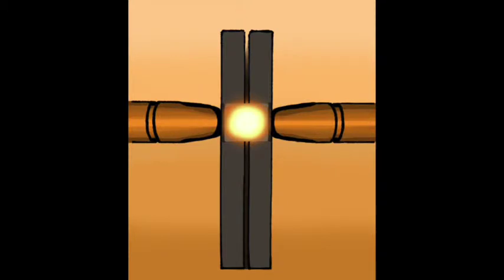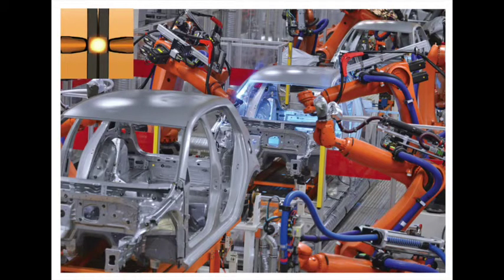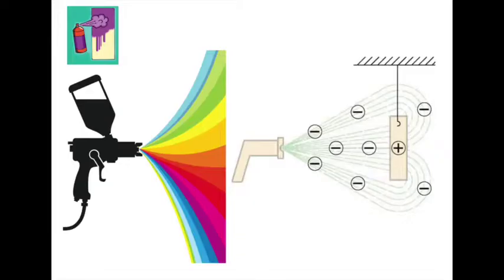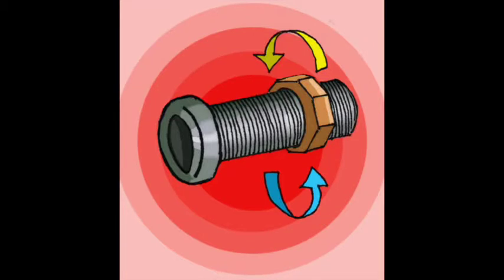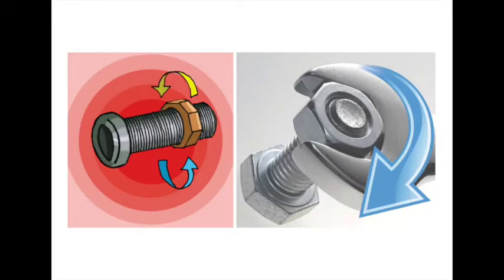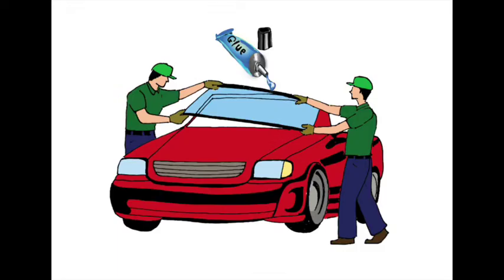Spot weld the frame assembly with thousands of small circles of electric heat. Paint with negatively charged spray onto positively charged parts. Finally, put the car all together with twisting torque and other ways to assemble.